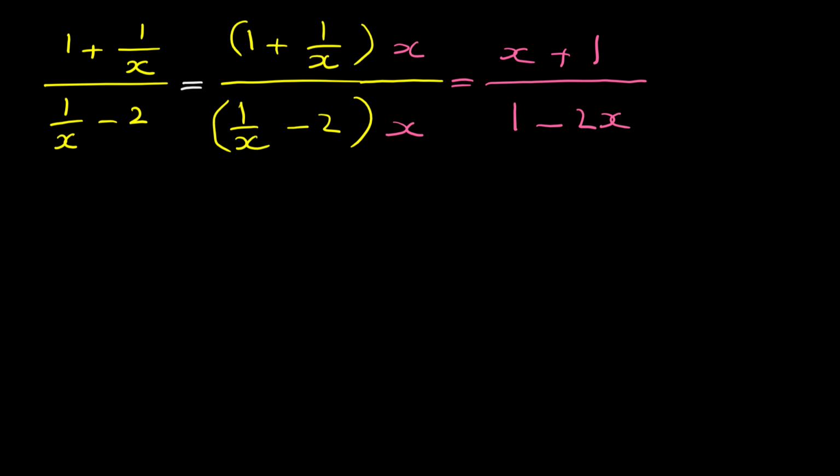Now let me show you another method for simplifying this compound fraction. Here we are not going to eliminate the denominator. First we try to simplify the numerator and denominator. In the numerator, as you can see, we have an addition. We want to add 1 to 1 over x. For that we have to find a common denominator, a least common denominator.